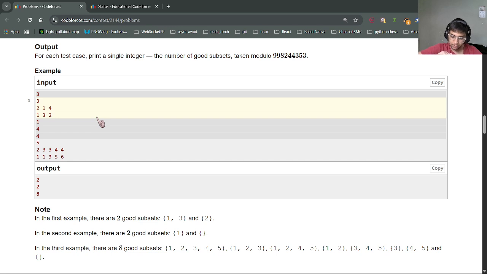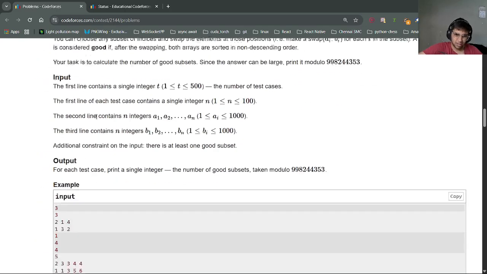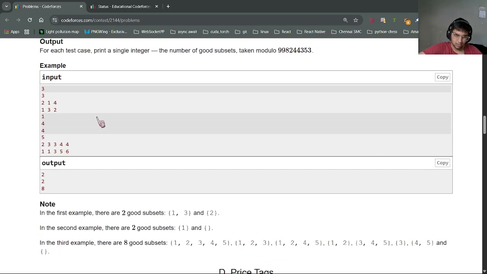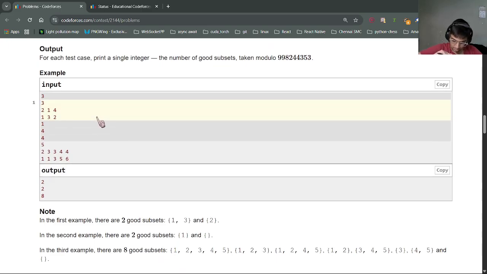See, one at a time for every element will be one. For two at a time, the n is very small, right? And the biggest thing will be how many pairs I can make: one, two, one, three, one, four. The number of elements after it.